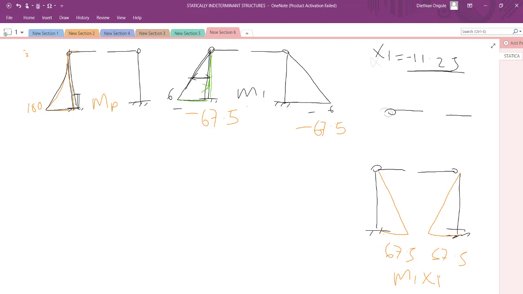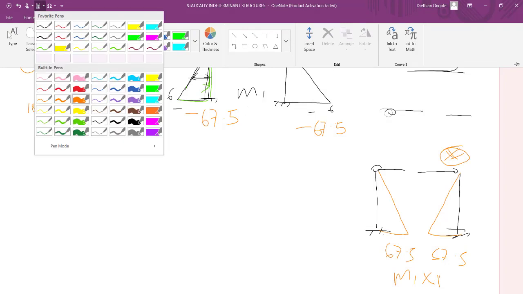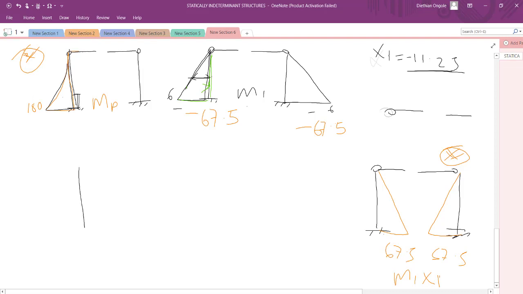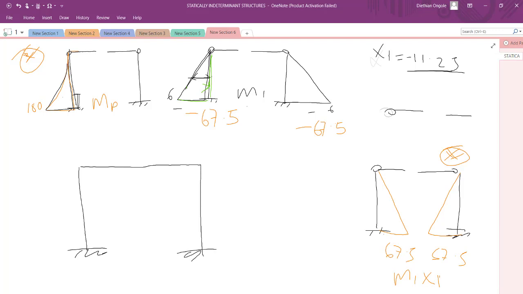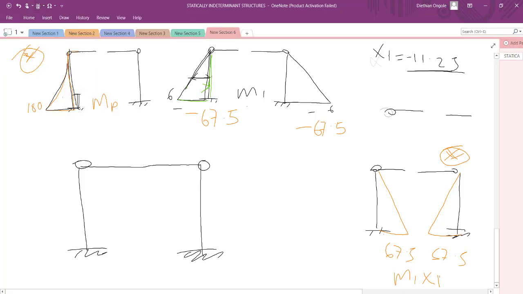Now from that we have to superpose this diagram here with this one here by adding the moments at the points of interest. So what do we do? If this way we are drawing our final bending moment diagram, then here we've got hinges even here. I know that the moment at the hinge is equal to 0 for this one, 0 for this, also here it's 0.